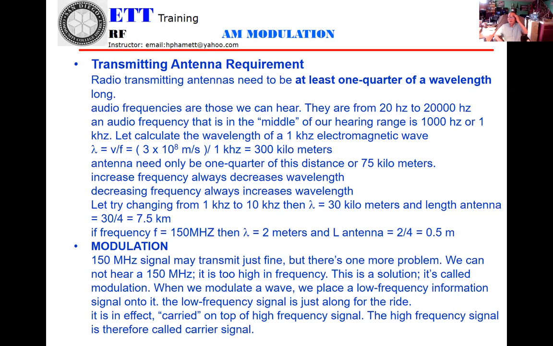But that is the way to calculate lambda: you take the speed of light and divide by the frequency you want. The antenna need only be 1/4 of this distance, so you get 75 kilometers long for your antenna.